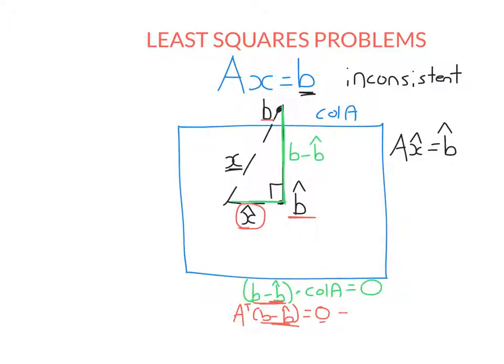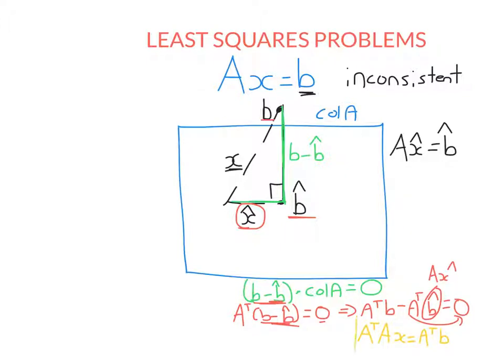Of course, we can just rearrange this equation. Starting by expanding the brackets, we get this. Now remember that B hat is just A times X hat, and then moving this to the other side of the equation, we end up with this.